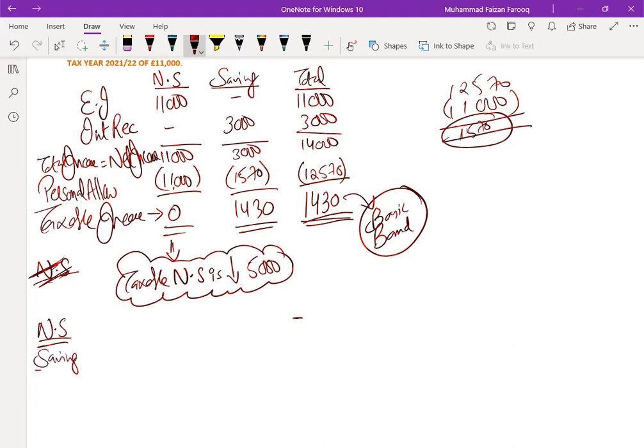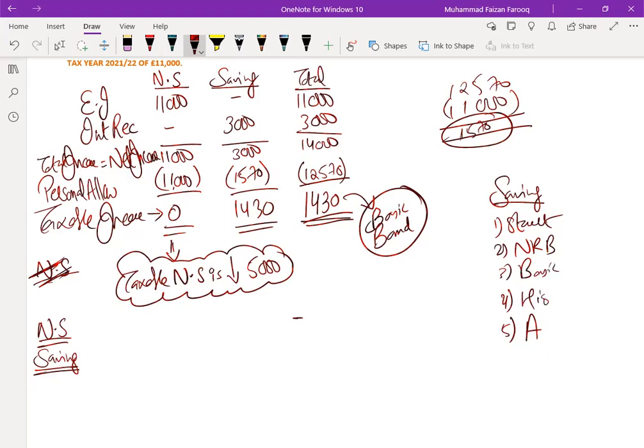We do have savings income. How many bands do we have in savings? 5 bands. We have start, nil rate band, then basic, then higher, and then additional, right? Now, start band applies if what was the condition? When non-savings are less than 5,000. So here start band will apply, yes. What is the limit of start band?